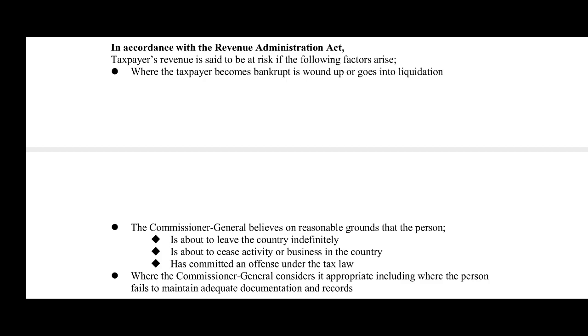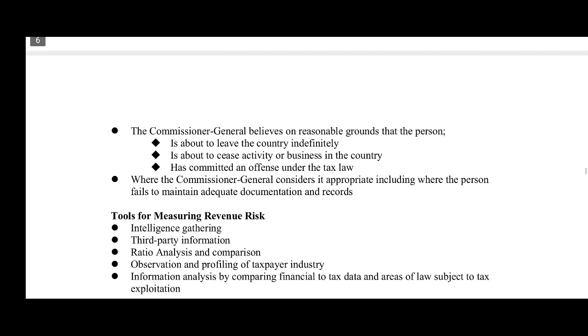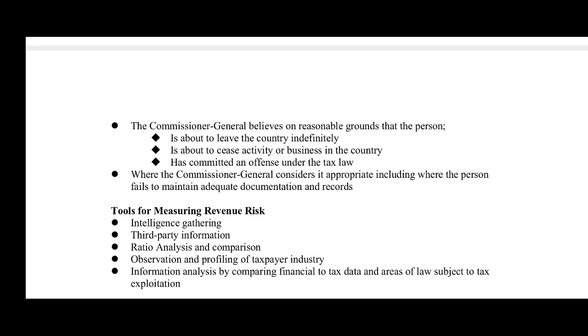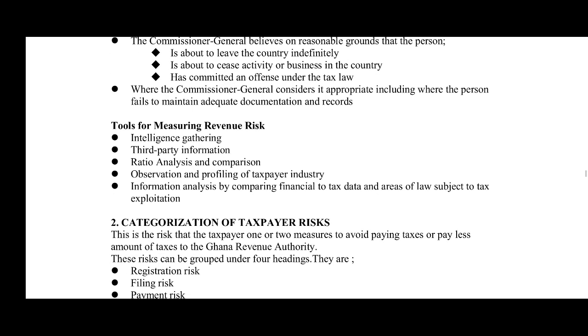Where the taxpayer becomes bankrupt or is wound up or goes into liquidation, and also if the Commissioner General believes on reasonable grounds that the taxpayer is about to leave the country indefinitely, is about to cease activity or business in the country, has committed an offense under the tax law, and also where the Commissioner General considers it appropriate, including where the person fails to maintain adequate documentation and records.